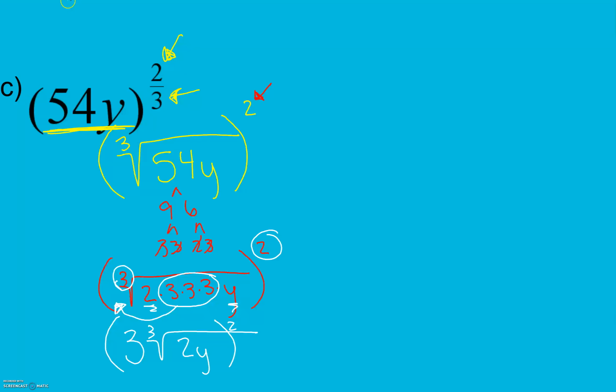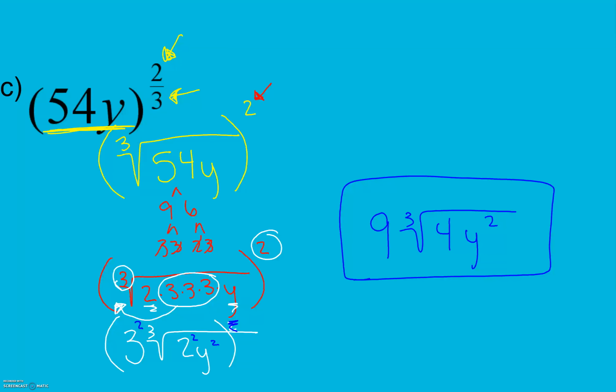So I'm going to take that exponent, instead of having it on the outside, into my product by giving every single factor that exponent. So here I'm going to have 3 squared, 9. I'm still going to have the cubed root of 2 squared, 4, y squared. And that is the simplified form of my exponential expression here, but in radical form.